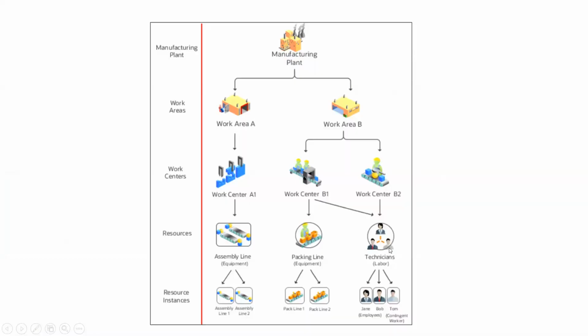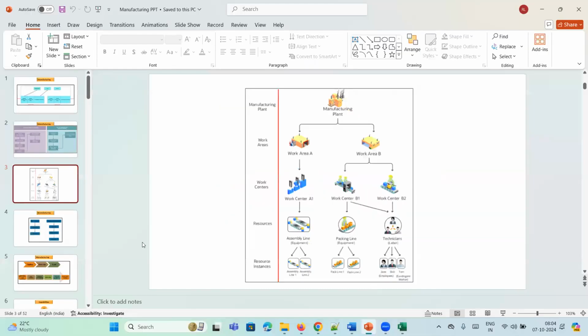And labor means simply technicians. You can have a granular level of resource, like James is a technician, maybe Mob or maybe Tom. Similarly, in the production line, maybe lathe machine 1, lathe machine 2, right? Those are nothing but a granular level if you want to track. Any questions before moving to the next slide?